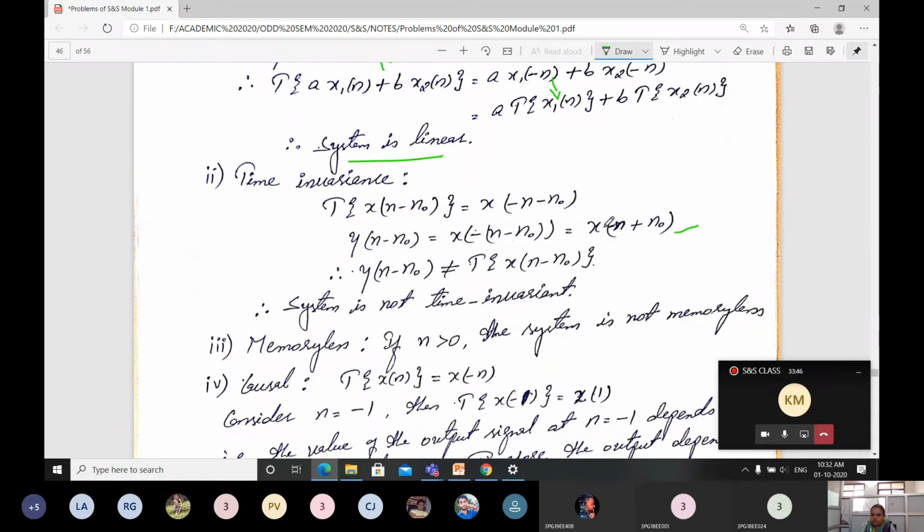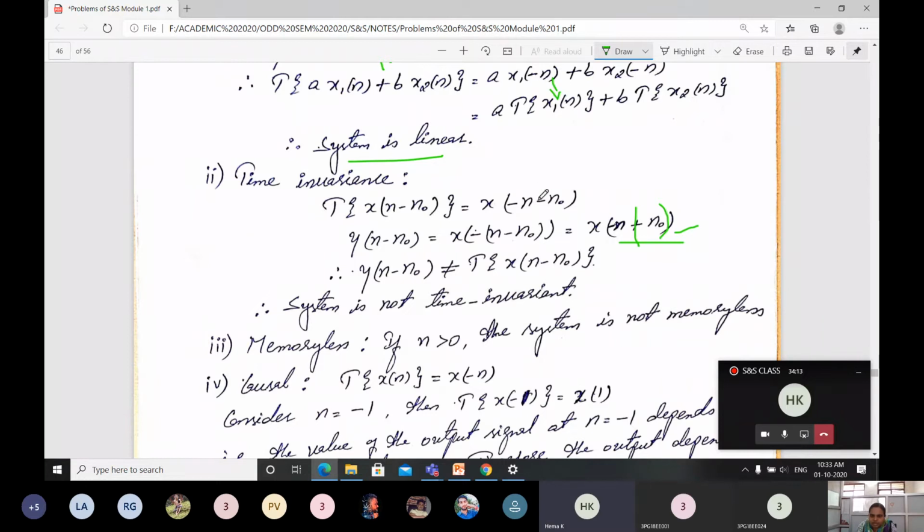What will we get? x of minus n plus n naught, because minus of minus gives plus n naught. Check again: the time change is different here. For that reason it is not equal to T of x of n minus n naught.